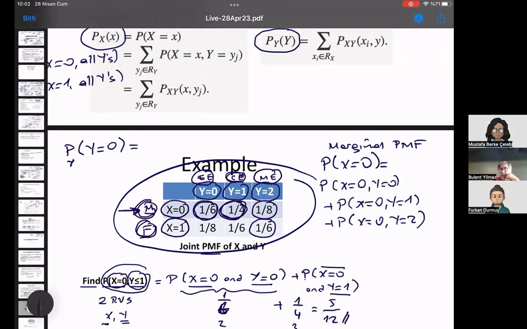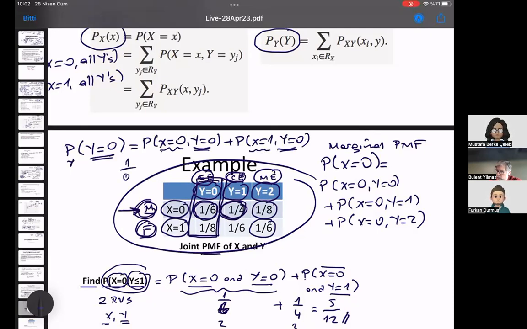This time, I'm going to add these two because it's only y equals 0. So I'm going to say probability of x equals 0, y equals 0, plus probability of x equals 1, y equals 0. I'm keeping y equals 0 here and changing x equals 0 and x equals 1.